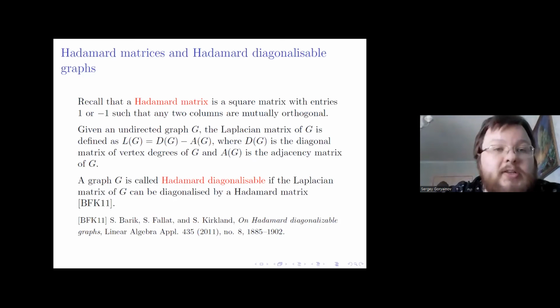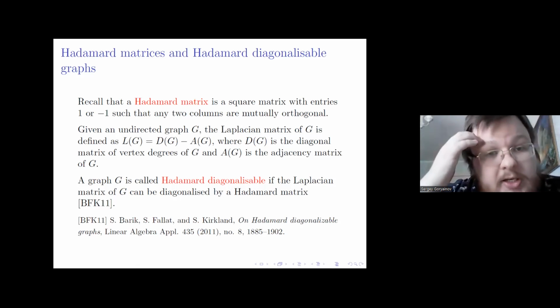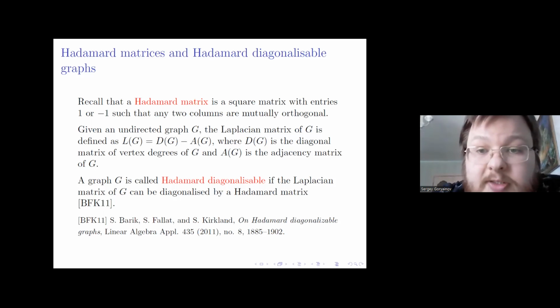Given an undirected graph G, the Laplacian matrix of G is defined by the following condition: L of G is equal to D of G minus A of G, where D of G is the diagonal matrix of vertex degrees of G and A of G is the adjacency matrix of G. A graph G is called Hadamard diagonalizable if the Laplacian matrix of G can be diagonalized by a Hadamard matrix. It was proved by Barik, Fallat, and Kirkland.